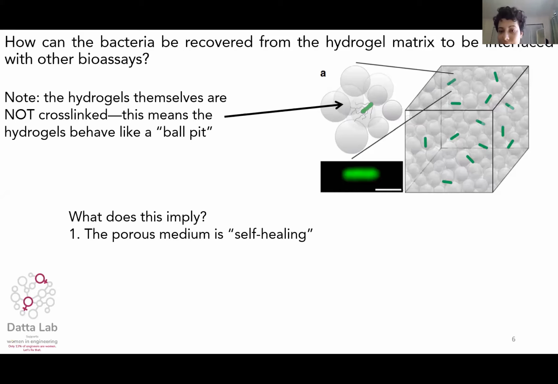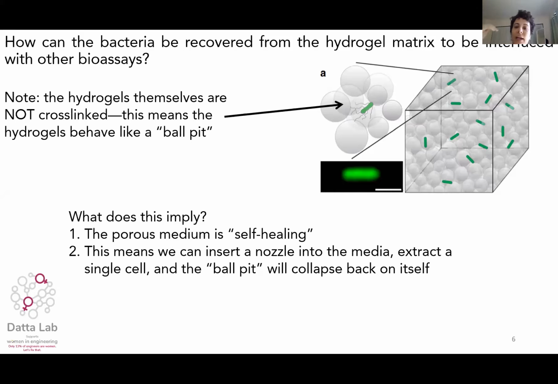What do I mean by self-healing? This basically means that I can insert a nozzle into this medium. By nozzle, I mean a needle or something like this, where I can retrieve something from this media. Maybe it's a cell, maybe it's the media around the cell to look at the concentration of molecules in the media.